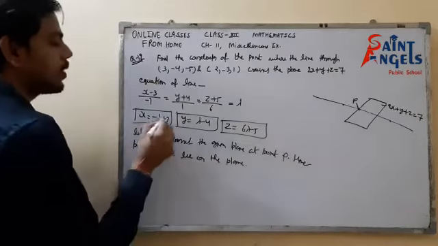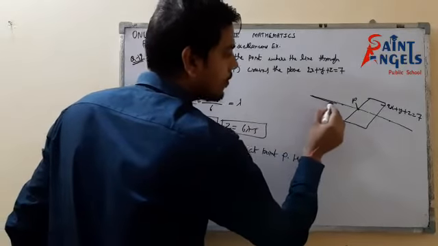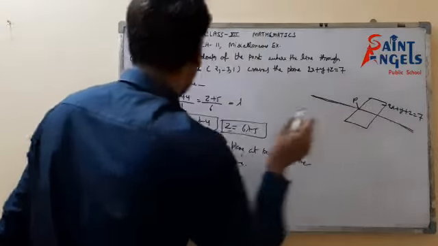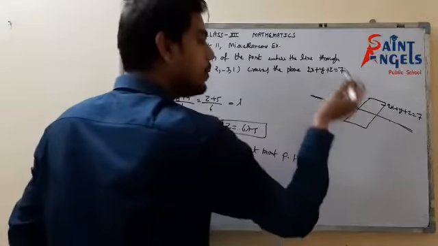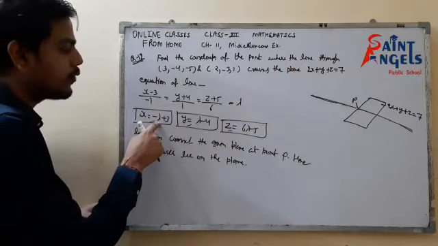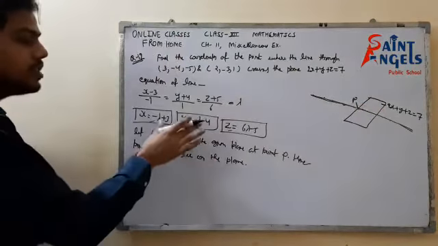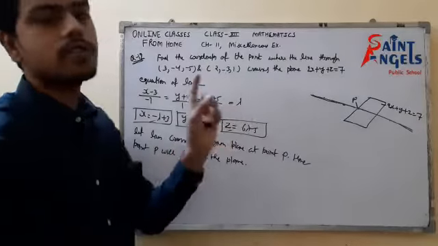Okay, and these points are the general point of the line. So at every place of the line, the coordinates of the line would be like that. So at point P also the coordinates of the line would be like that. For different lambda, I can get different points. So this is the general point.